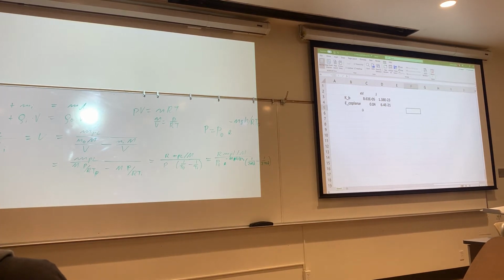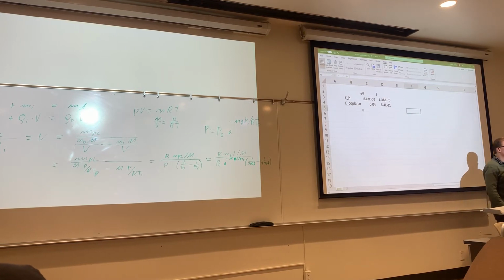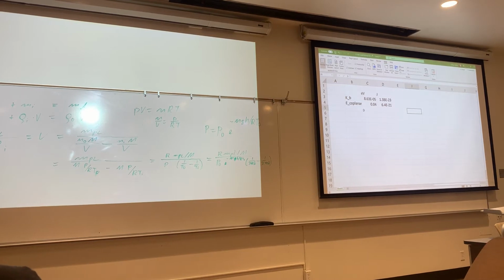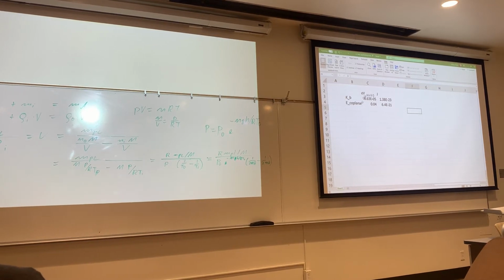The next thing is that I can do my calculations now either in SI units or I can do them in electron volts. Both, of course, is fine. But I need to define what I'm really interested in. So I might want to do it this time in SI units.